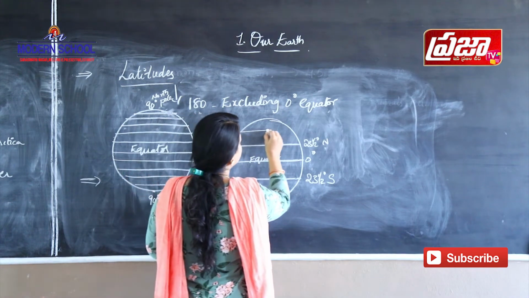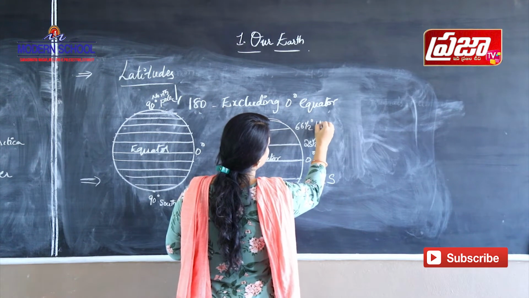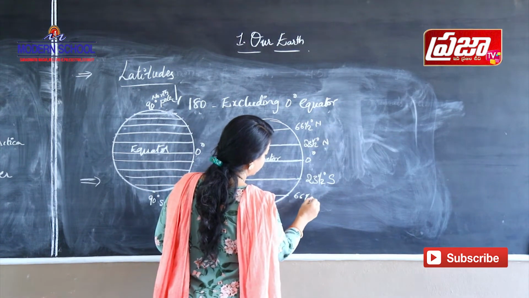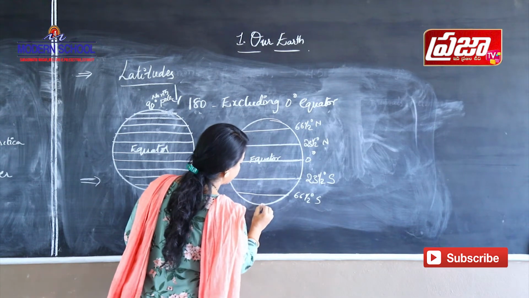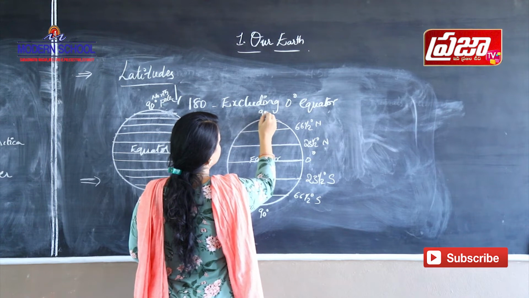One more very important latitude is 66.5 degrees N, and here 66.5 degrees S, and here 90 degrees and here 90 degrees.